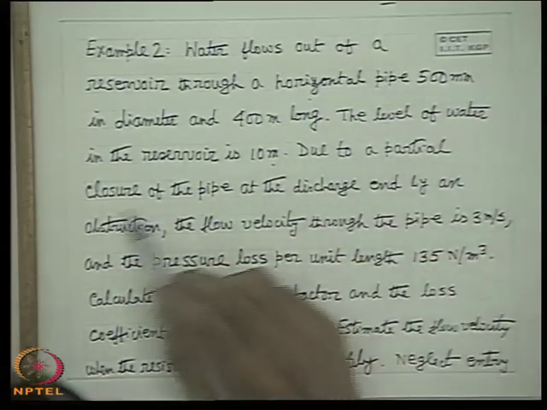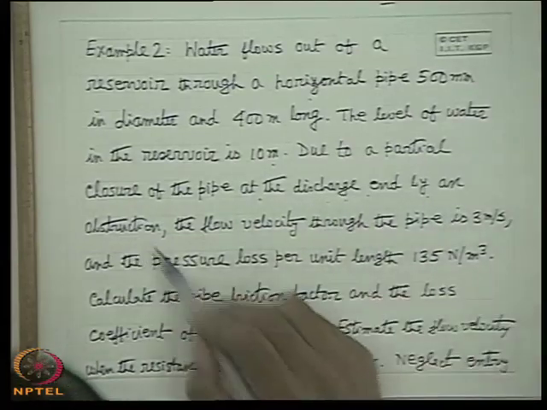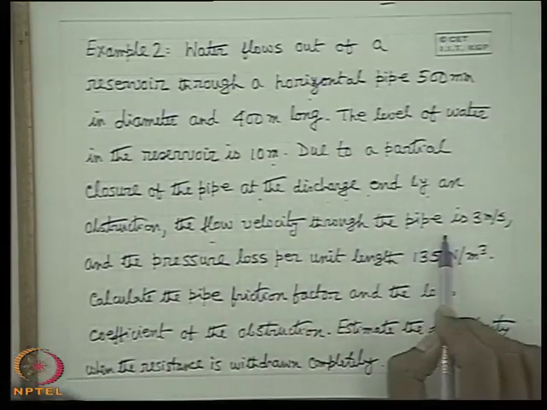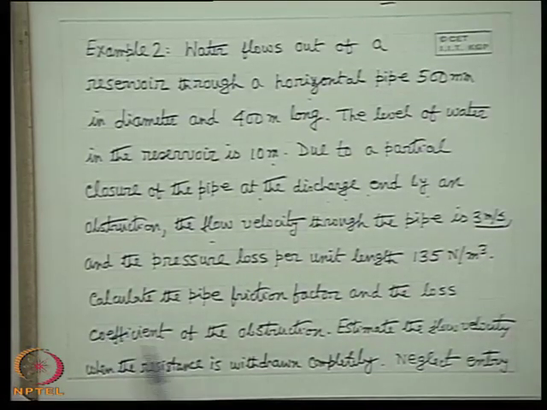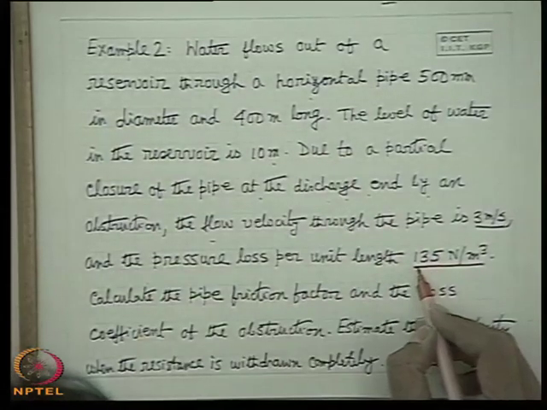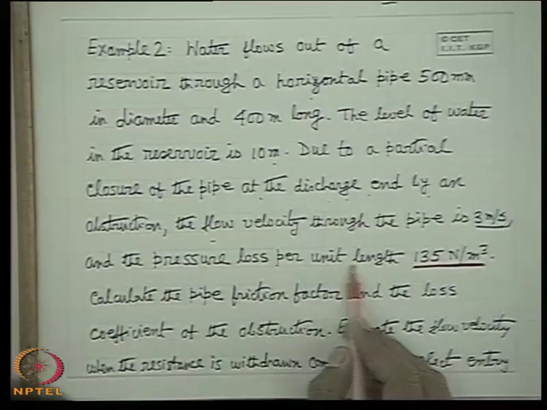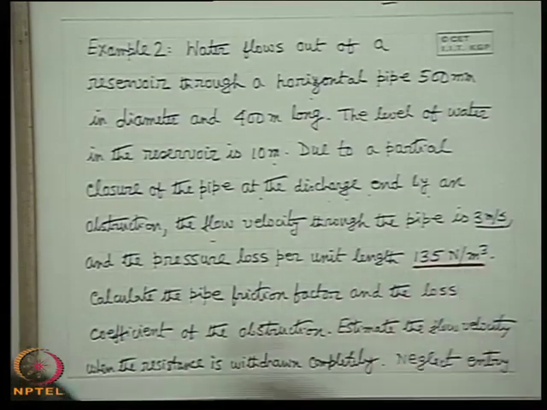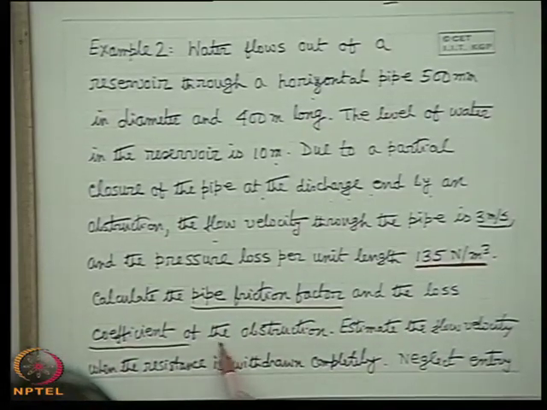Due to a partial closure of the pipe at the discharge end by an obstruction, the flow velocity through the pipe is 3 meter per second and the pressure loss per unit length is 135 Newton per meter cube. This is very important data. That means in this type of pipe, the pressure loss per unit length is almost constant. That is why they are specifying the pressure loss per unit length. Calculate the pipe friction factor and the loss coefficient of the obstruction.